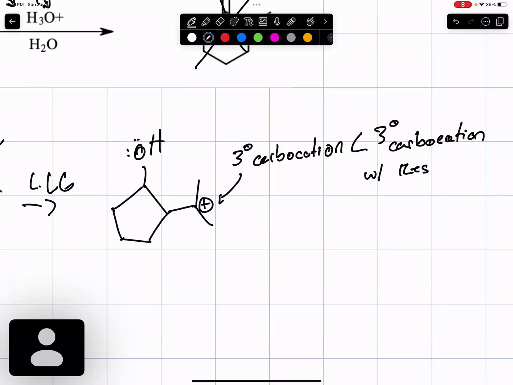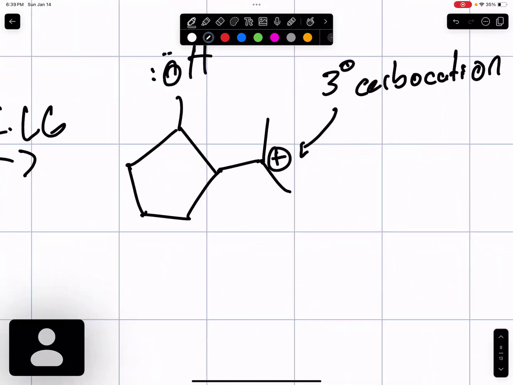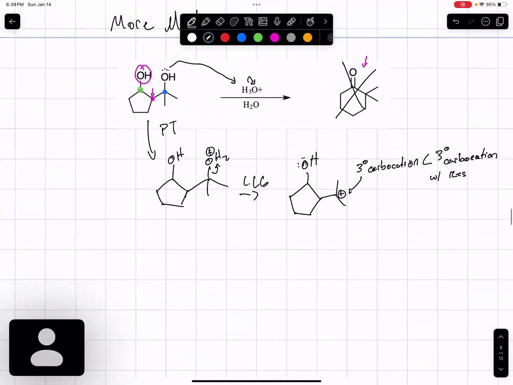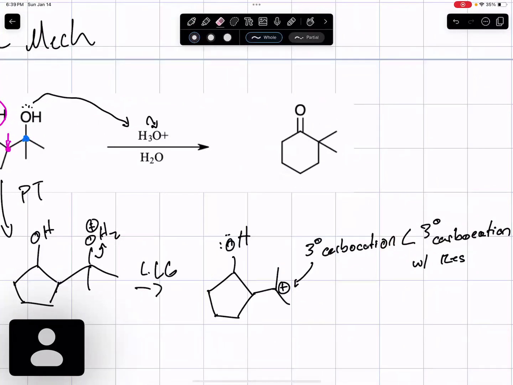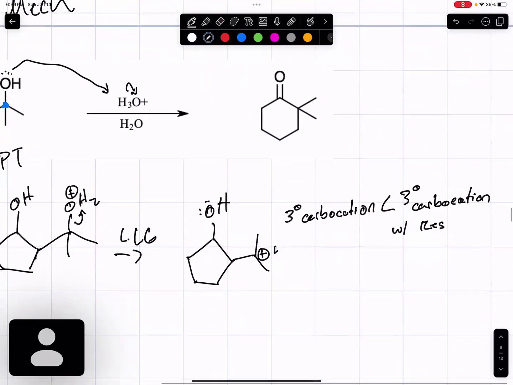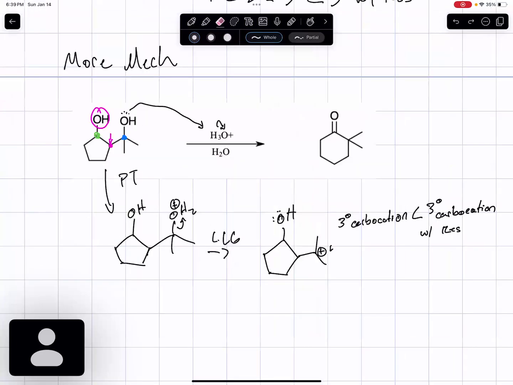Actually, hold on. Let me see. I broke this bond from here. No, that still doesn't work. Let me just adjust this question because then I can't do this example of tertiary carbocation with resonance. So let me fix this real quick.